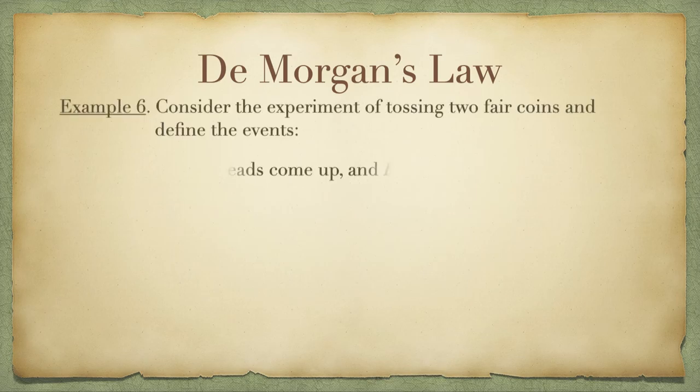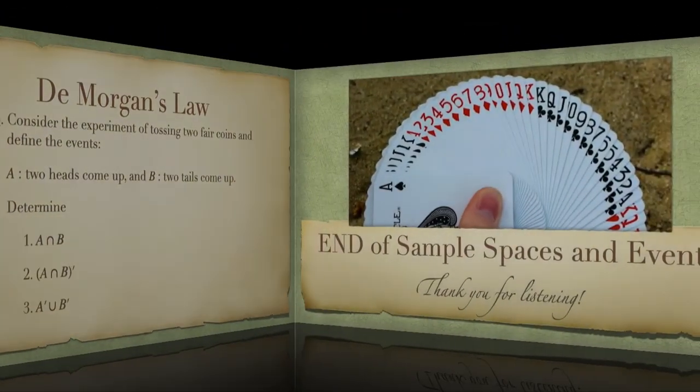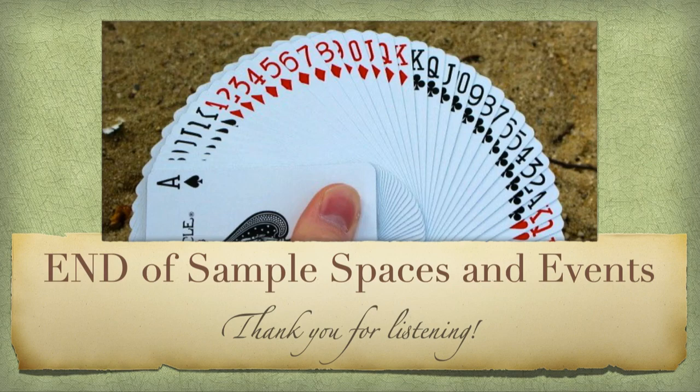The De Morgan's laws follow here for number 2 and number 3. So that is one of some special cases when we look at equivalences in sets. And that's the end of the first part of chapter 0, sample spaces and events, the definitions, the basics, and such.